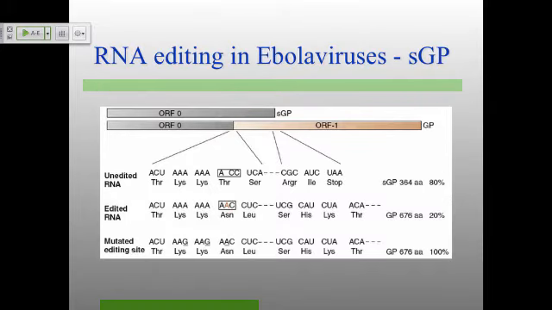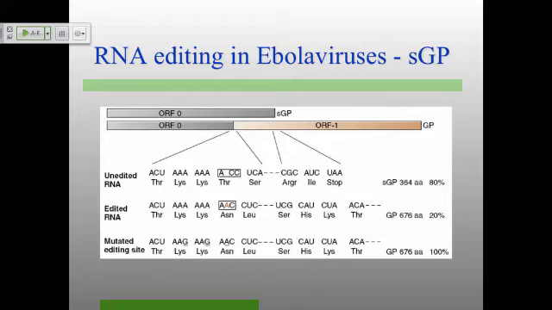The other thing, and probably much more important, and particularly in terms of disease, is the stuttering and RNA editing that happens in the glycoprotein, the GP. Again, that GP basically serves the same role as the hemagglutinin neuraminidase and fusion protein. So all of those things combined into one protein.